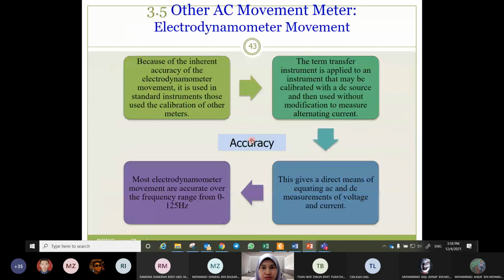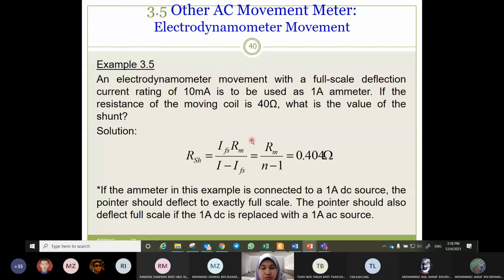So actually the master topic in this chapter is done. We have learned all about calculation in chapter 3.